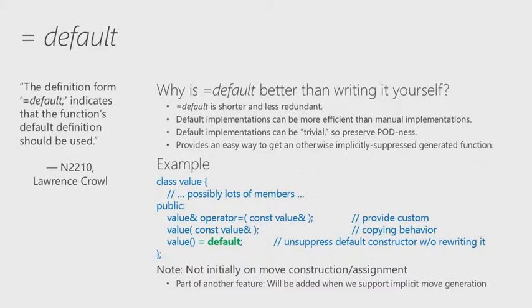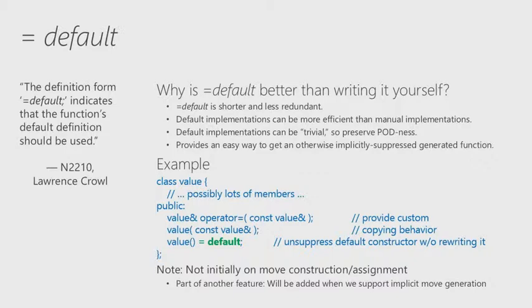If you want to have your type be a plain old data struct, or a POD type that's bit copyable, writing your own user-defined special member functions can turn that off and make it not bit copyable safely. Whereas by saying equals default, you preserve podness if you haven't lost it in any other way, and you can write POD types and still get the benefit of saying I want the compiler to just provide the default implementation instead of suppressing it.